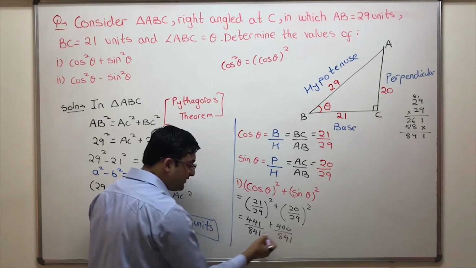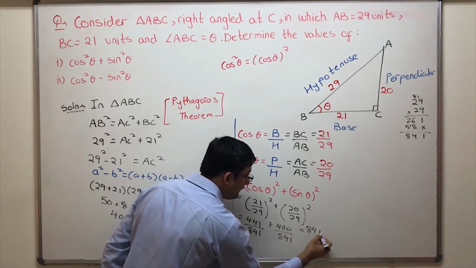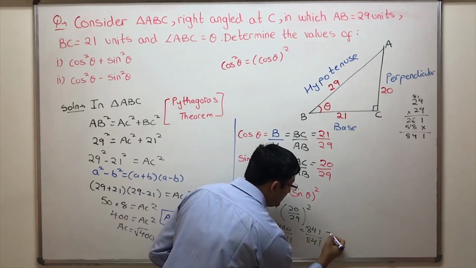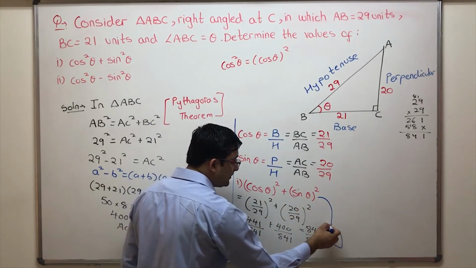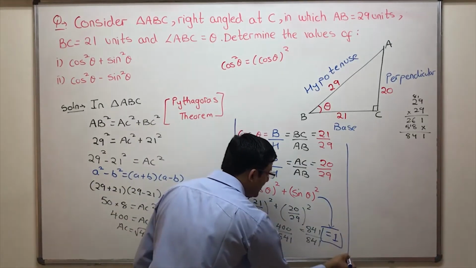Denominators are the same, so we can add the numerators. 441 plus 400 is 841 by 841, which cancels out. So this is equal to 1. So cos square theta plus sin square theta is equal to 1. Is this clear? Similarly, we'll do the second part.